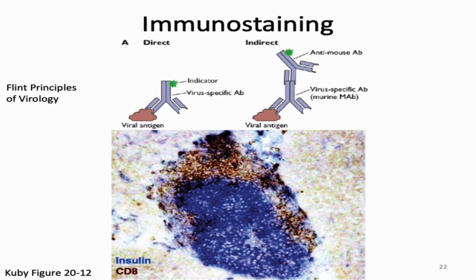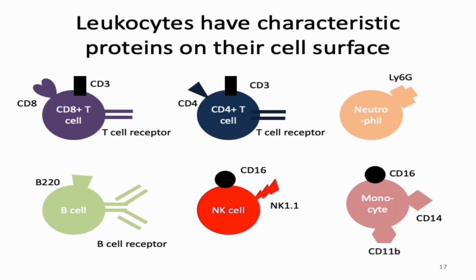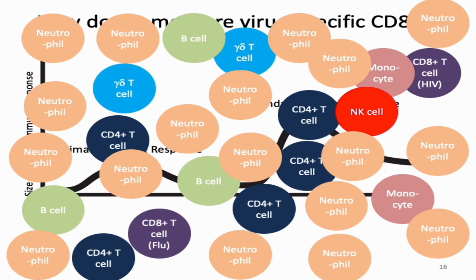And so the way that we're going to do that and look at a huge number of cells is using a machine called a flow cytometer. The way the flow cytometer works is we take our sample. That sample is going to have our whole mixture of cells.